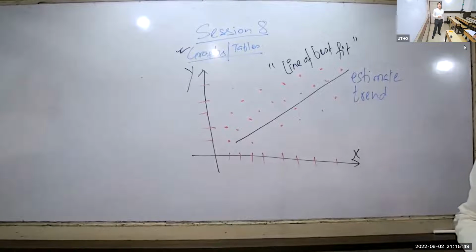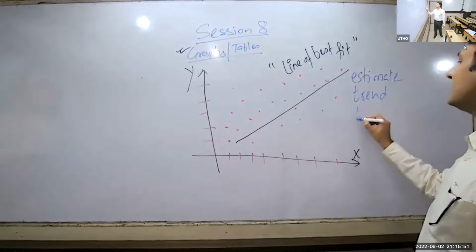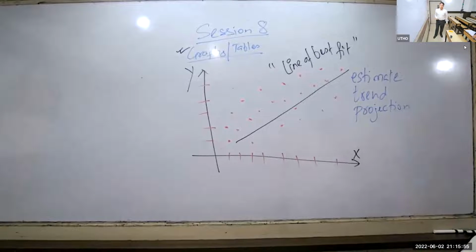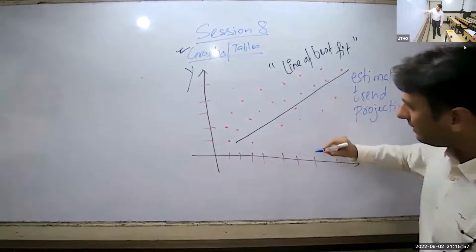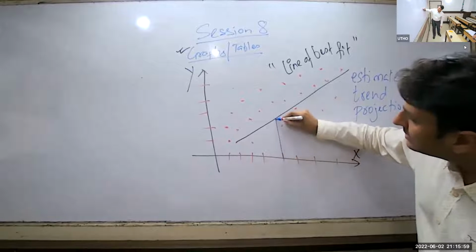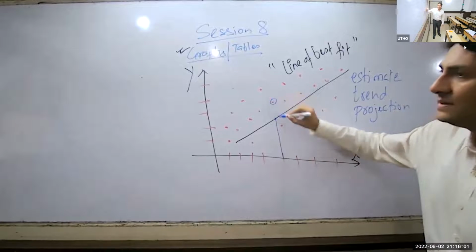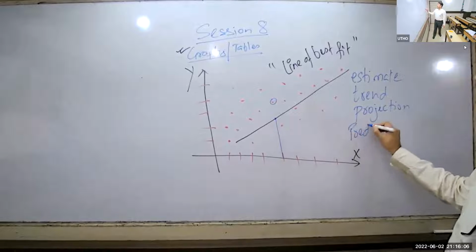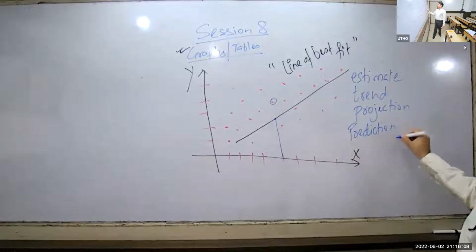This is also called as trend line. This is also called as projection line. So maybe at this point of time, the actual value is this. But as predicted by this line, so this is also called predicted line or prediction line.